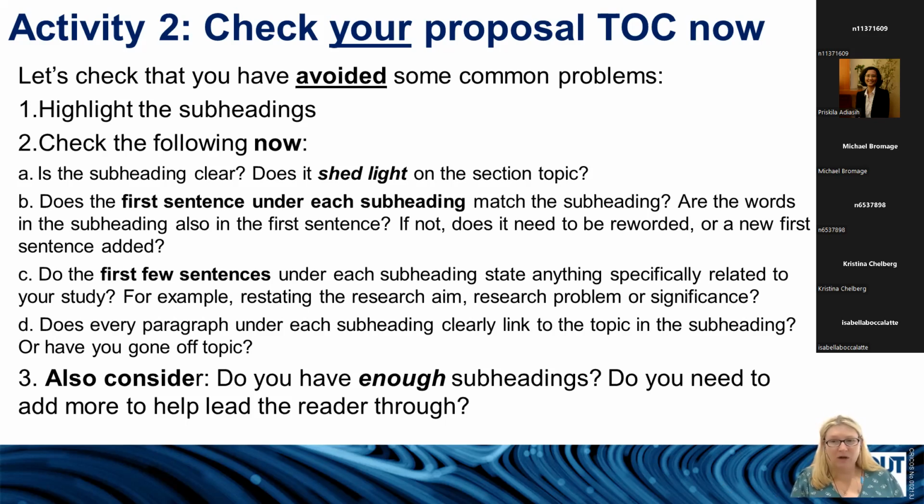That can happen sometimes. So this is what you're looking at, that bigger picture of those subheadings and those sections. And also, do you think you have enough subheadings? Maybe you need to add some more. So quite a few things here, a lot going on again. So I'm going to give you 5 minutes to have a look through. So you're checking your own draft right now.